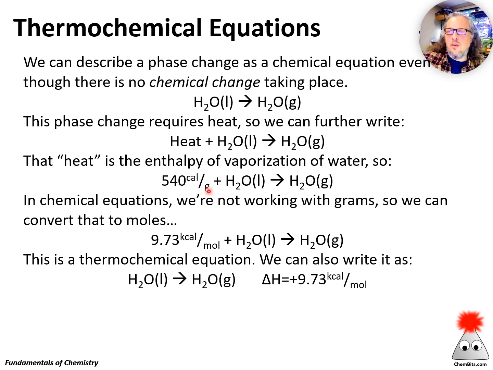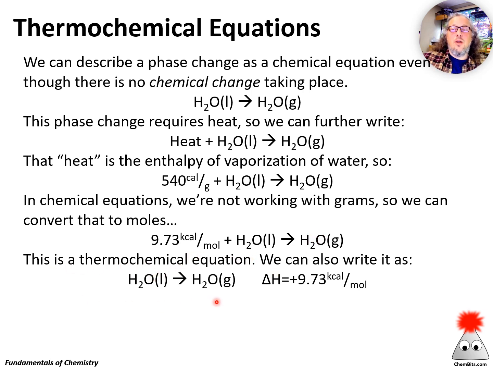If we look up heat of vaporization, or enthalpy of vaporization, we find 540 calories per gram. When we're in a chemical equation, we usually don't work in grams directly. We work in moles, so we can convert grams to moles here, and we get 9.73 kilocalories per mole of water plus liquid water gives us gaseous water.